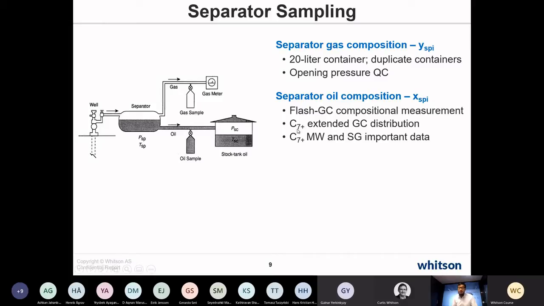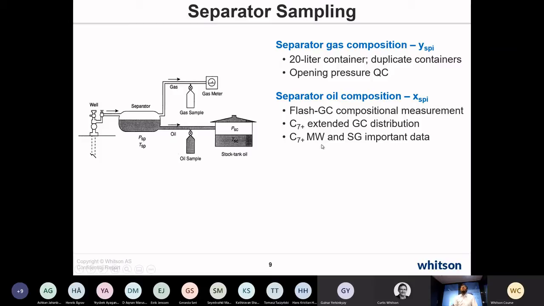Generally, PVT labs now use this extended GC analysis. We get the C7 plus extended GC distribution, usually up to C30 plus or C36 plus compositions, and also the molecular weight and specific gravity of the C7 plus fraction.